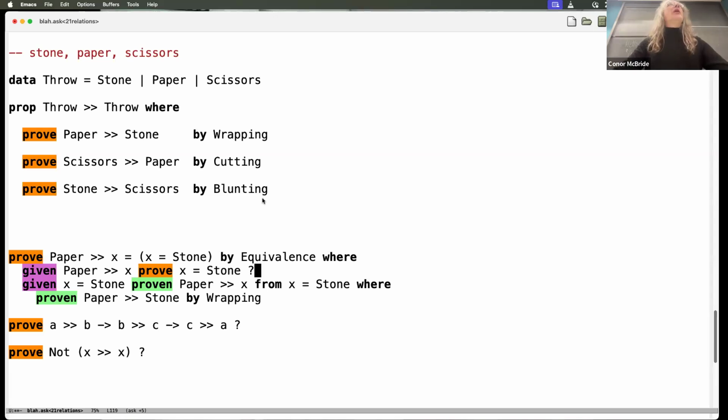So not only are we saying something positive, these are the ways one throw beats another, we are also saying, and that's your lot. So correspondingly, we are entitled to think backwards. We are allowed to do a bit of detective work. If we're given that paper beats X, how could that possibly have been proven?